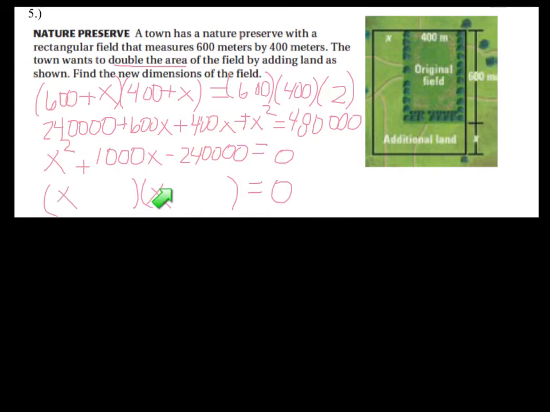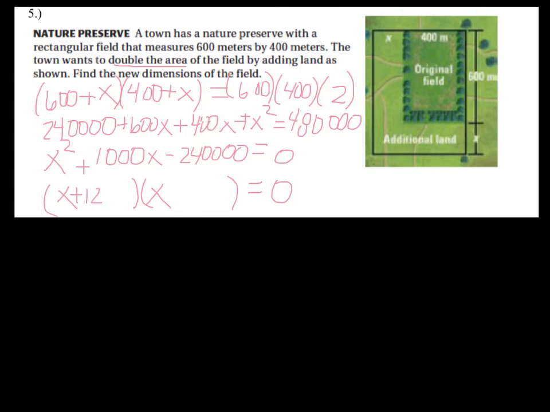Then I have to multiply to get negative 240,000, but add to get 1000x. So if I focus on the 24 and the 10, I can figure out that factors of 24 that are going to add to 10 would be 12 and 2. And then I just need the zeros, since we're dealing with such big numbers.